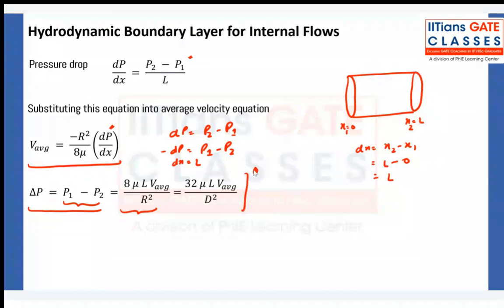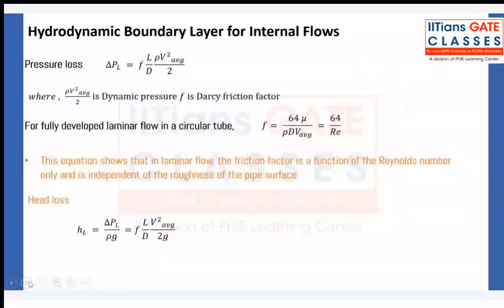Okay, now pressure loss can also be given in terms of the Darcy friction factor. And I know that you also study friction factor and friction coefficient in fluid mechanics. The same formula is here and the same formula is there.